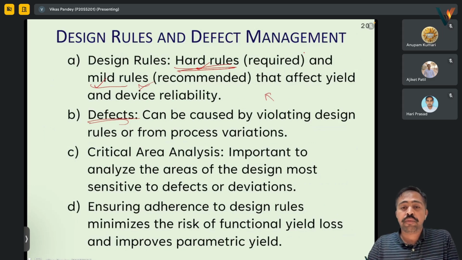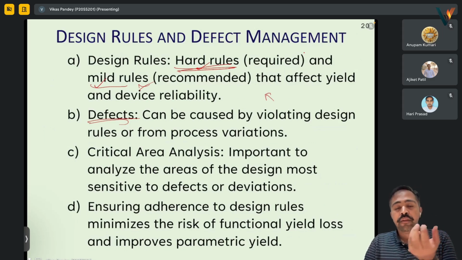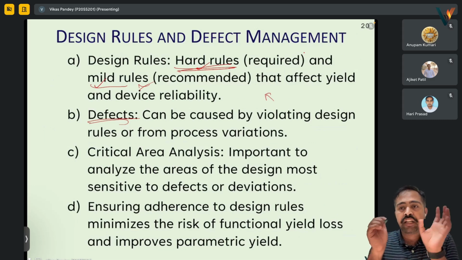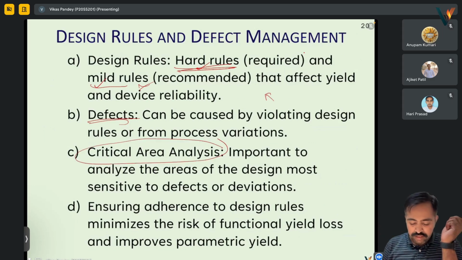there also we talked about critical areas. Although the whole mask may be designed as one, there will be some critical areas where there will be critical thickness. The lines might be very close, and we must know the critical areas and we have to analyze this.